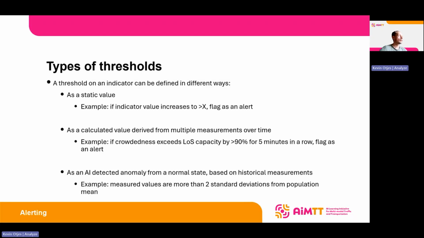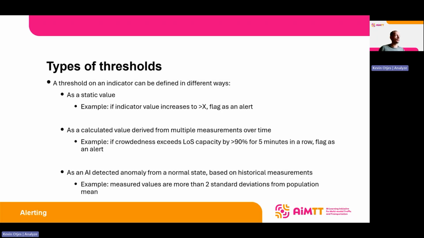And if you have a longer history, you would have certain moments, for example your Tuesday mornings, that always have a certain level of crowdedness, and hey, now it's very different. That would be flagged by the AI as an anomaly, something different from the normal state of things.